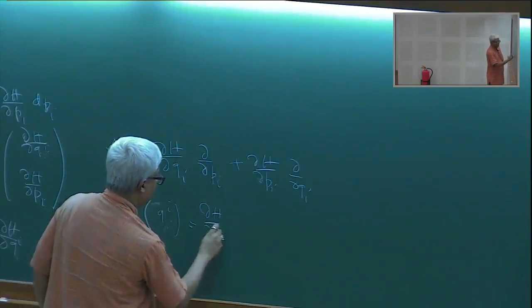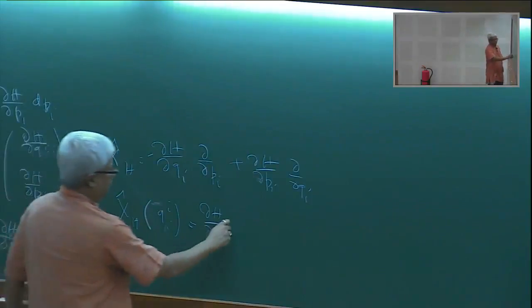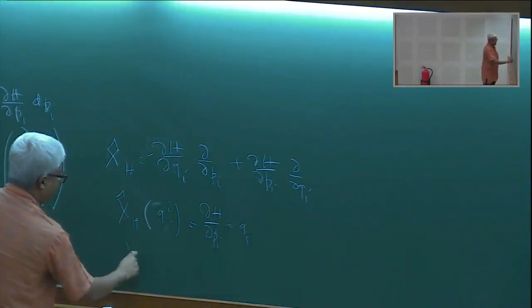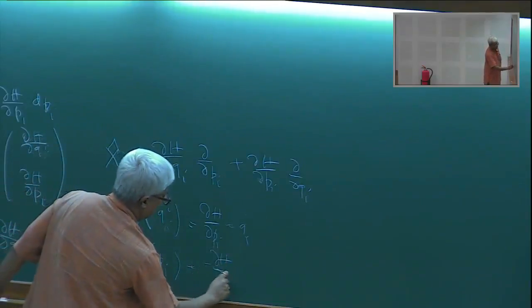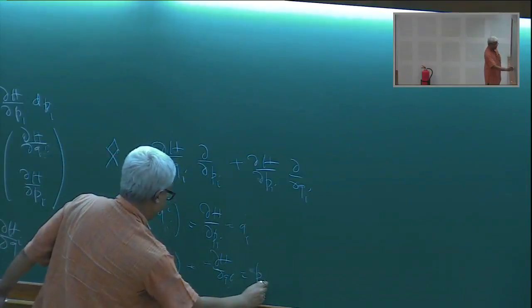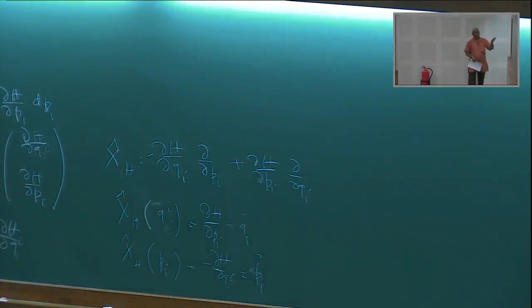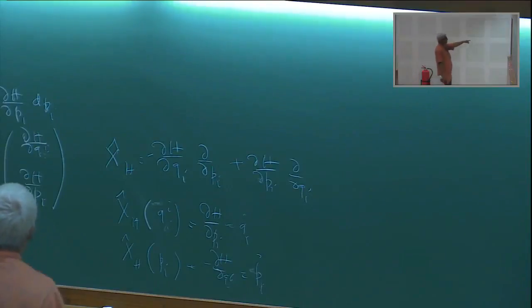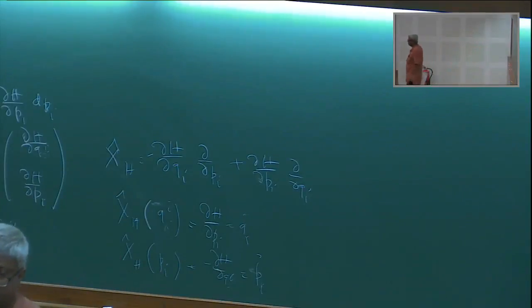So del H del p_i. So this is your q_i dot. And then the other one is basically minus del H del q_i, p_i dot. So these two match quite nicely. So one I'm writing in terms of operators, and in all practical purposes we call the whole thing a vector field, and this is obviously in operator form.